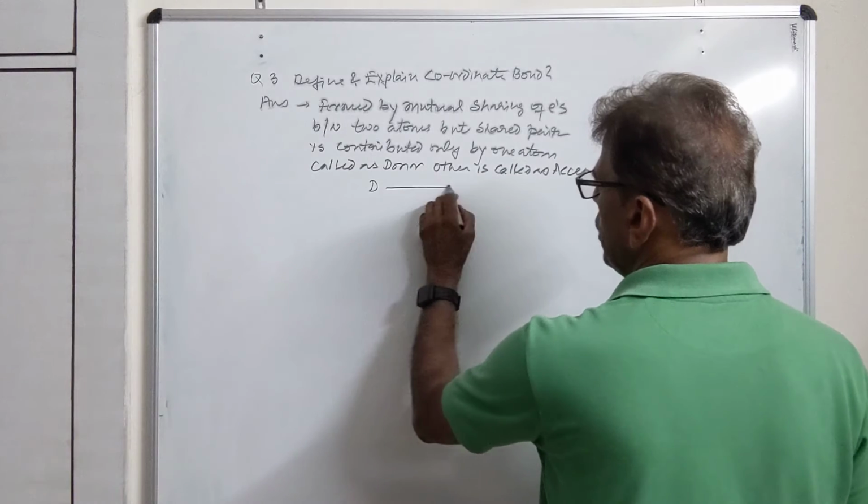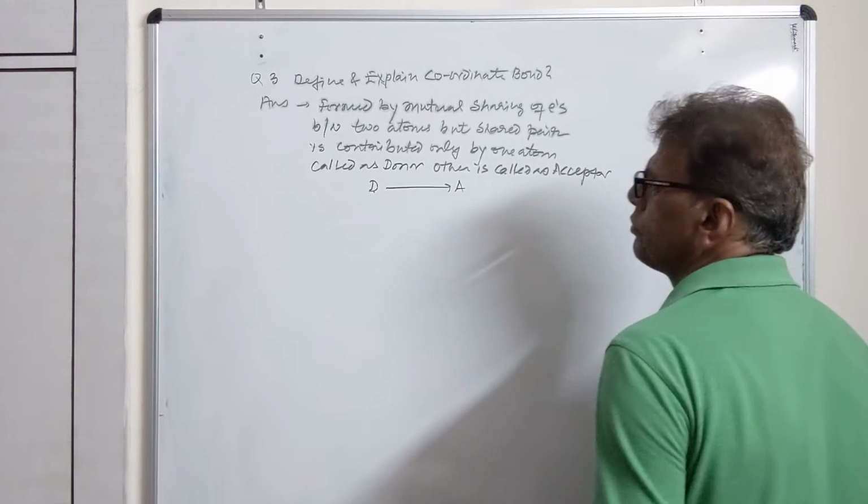So this bond is represented by an arrow pointing from donor to acceptor.